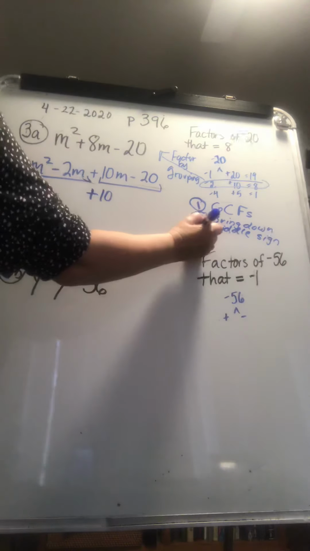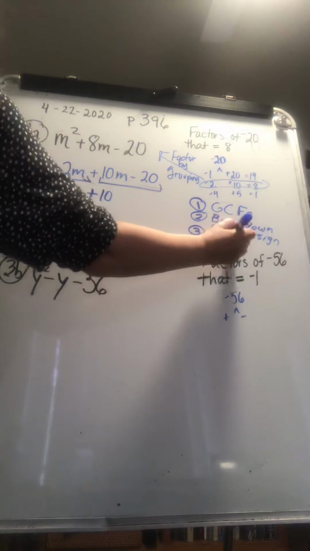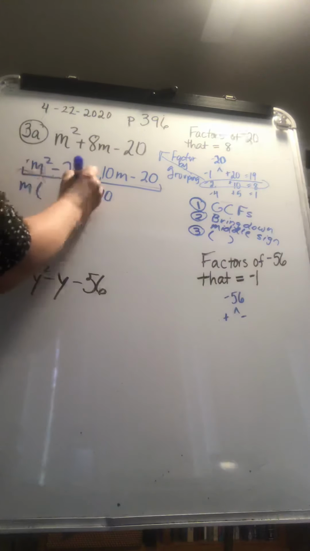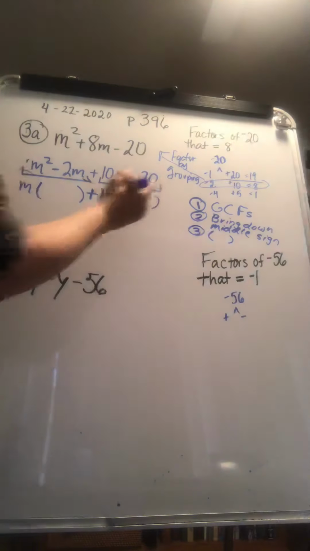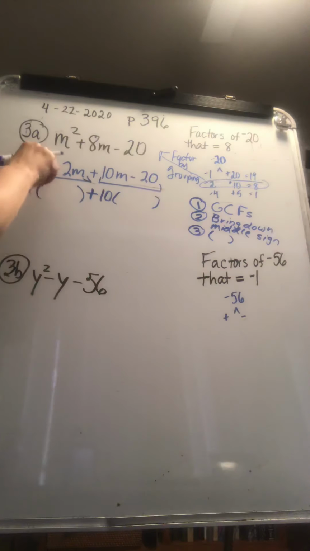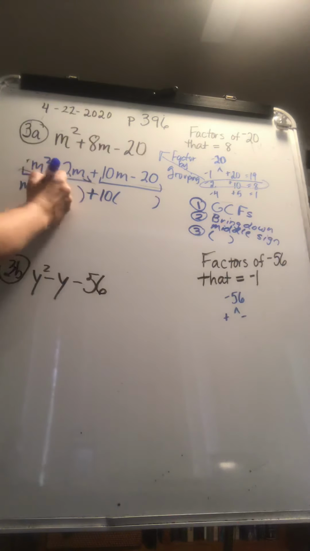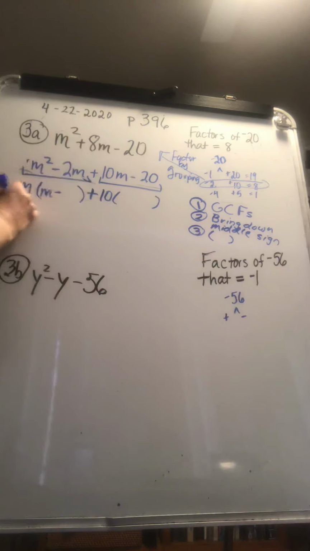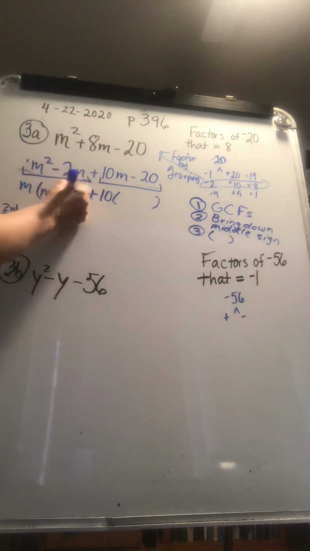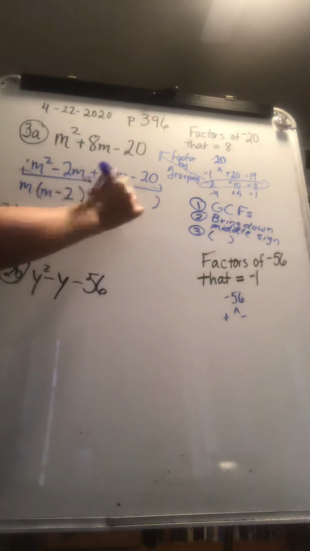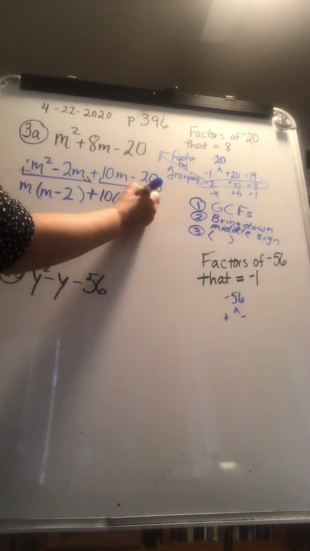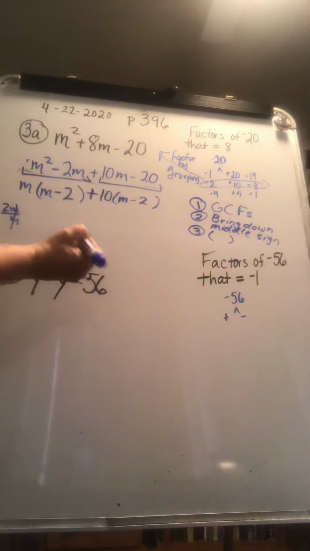Okay, now the parentheses. m squared divided by m is just m. I'm bringing down my sign. 2m over m just leaves me with 2. And it's going to be exactly the same on the other side: m minus 2.